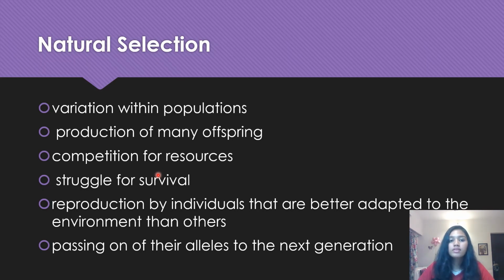And so this is how useful beneficial alleles are passed on to the next generation. That is natural selection. I'd say pause this, take a screenshot, memorize this, okay? And don't forget it, ever, okay? Don't ever forget it. Now just imagine, keep in mind this is natural selection, okay?